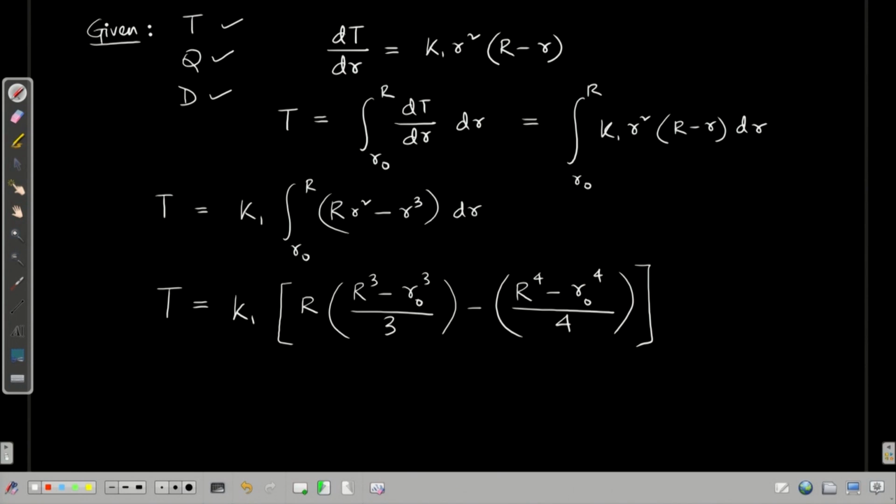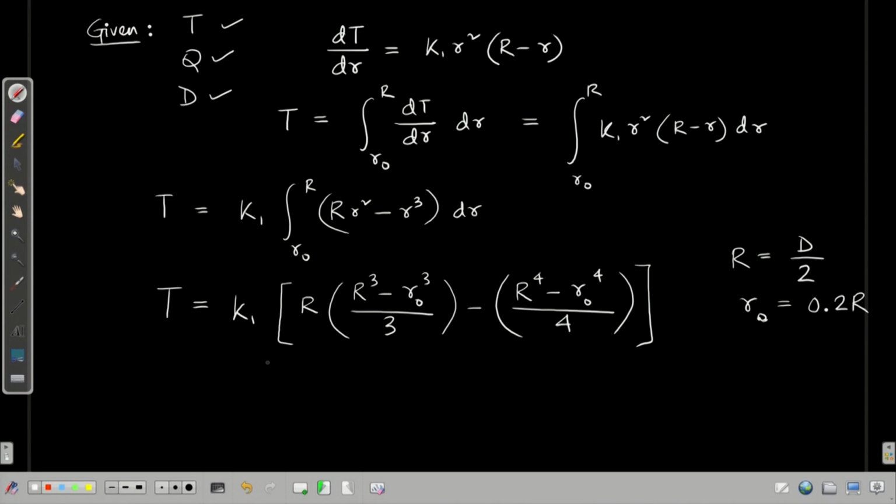Okay. Now, in this particular equation, the diameter of the propeller is given. So, R is D by 2 and the location for the root of the propeller blade is given as 0.2R.